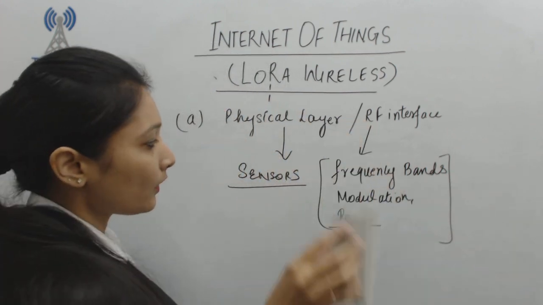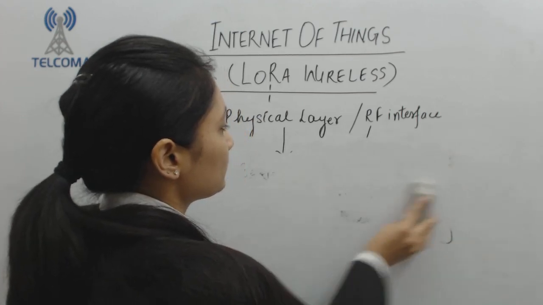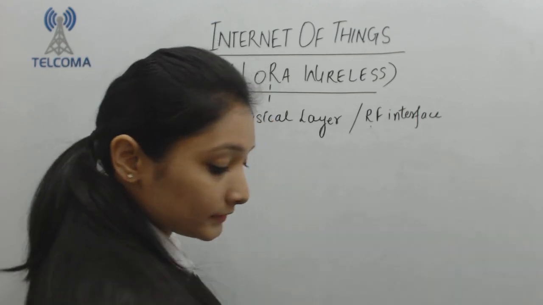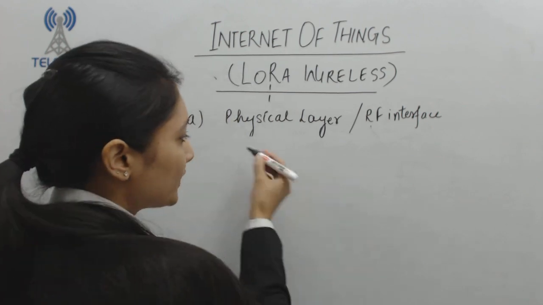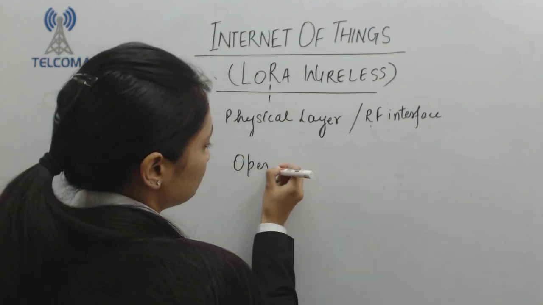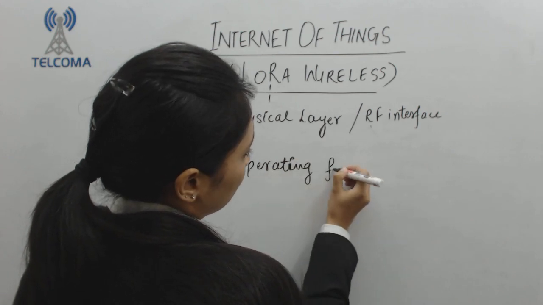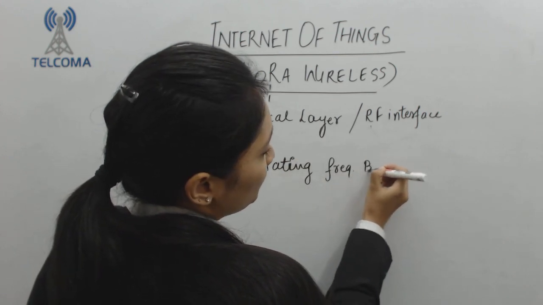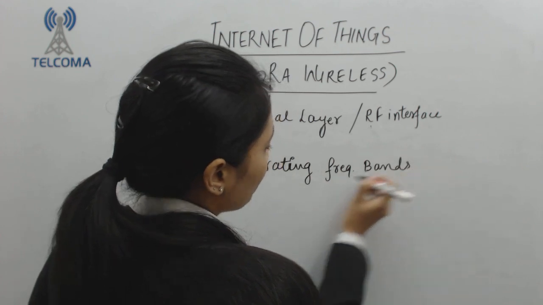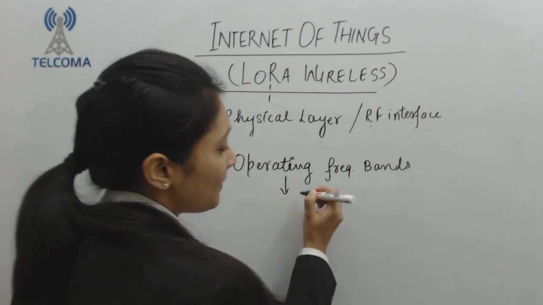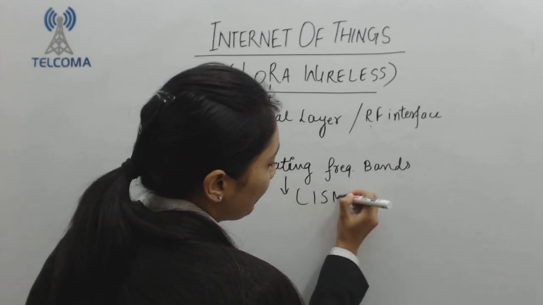Now, if we talk about the operating frequency bands, the Internet of Things operates in the unlicensed ISM band.